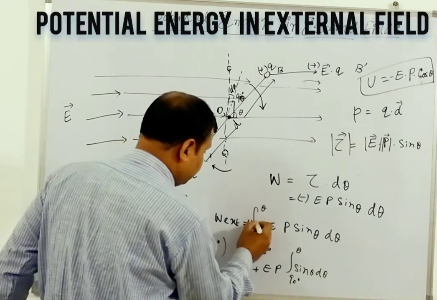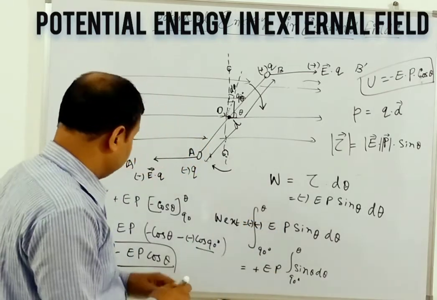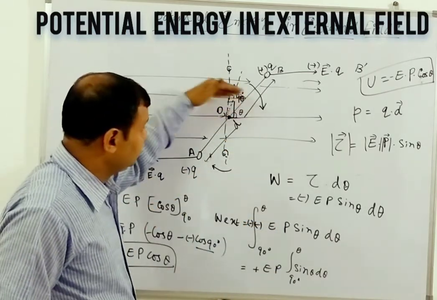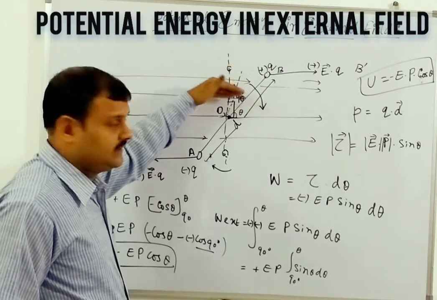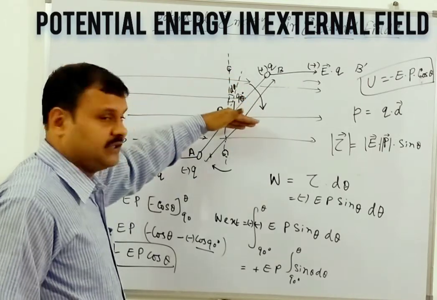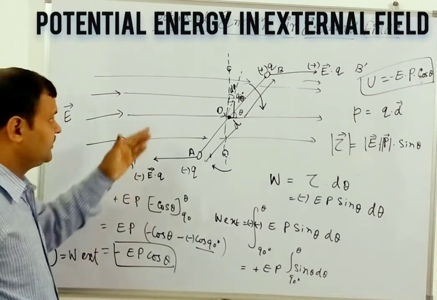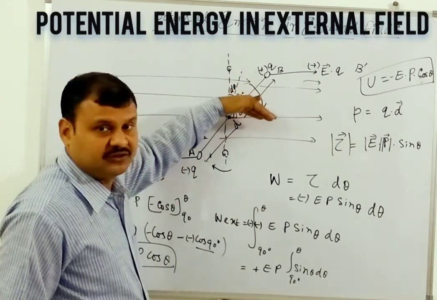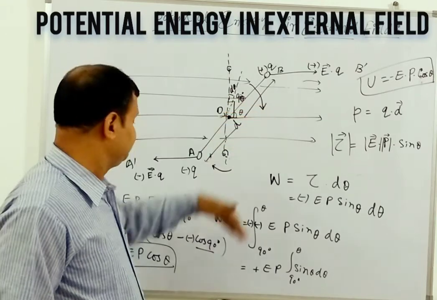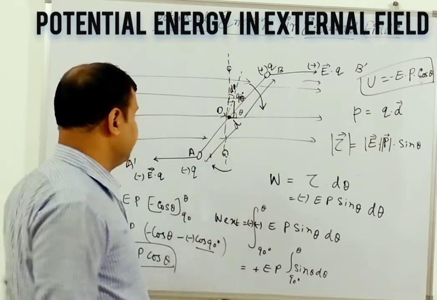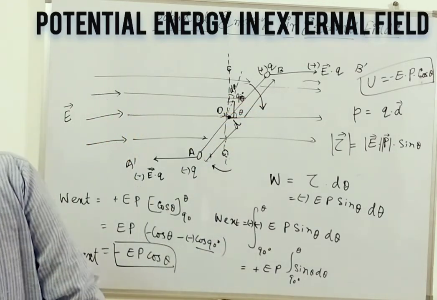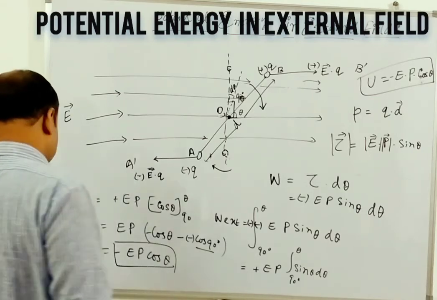But here also, theta is gradually increasing and its impact gradually reduces because of cos theta, so it becomes negative. What does it mean? Once the dipole goes this way, the potential will be minimum.